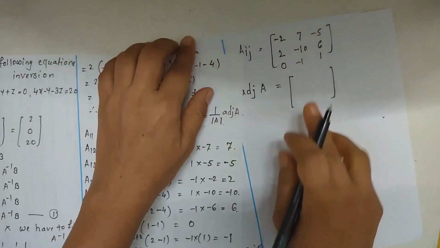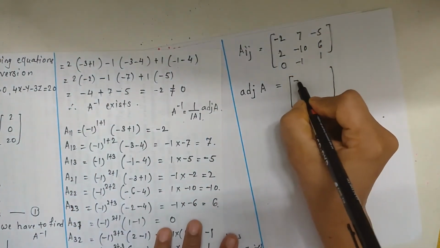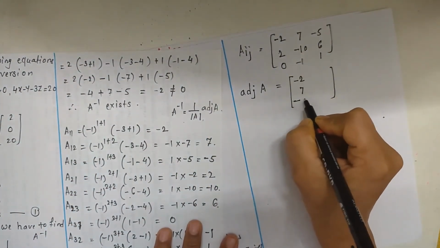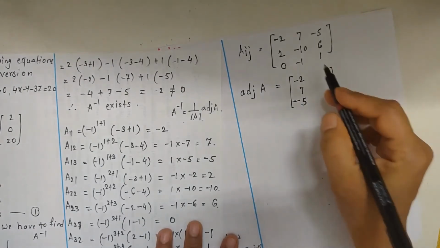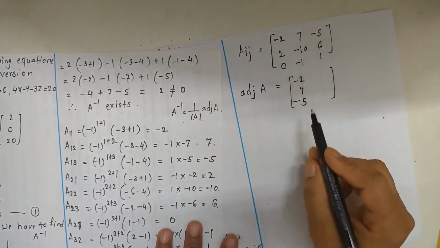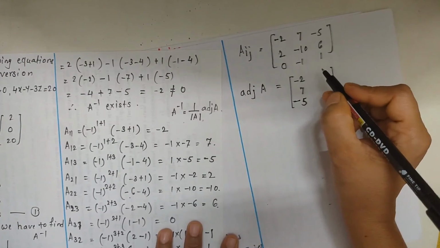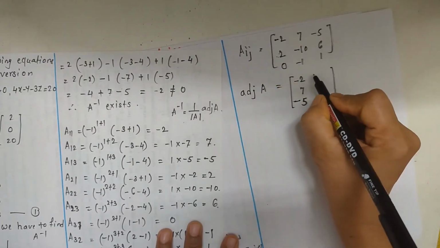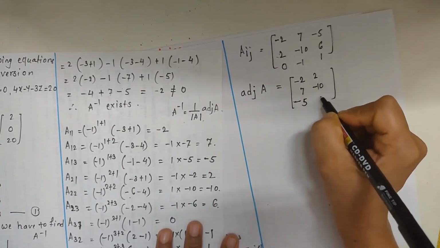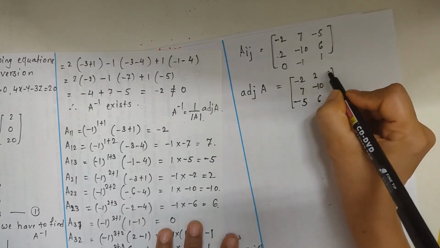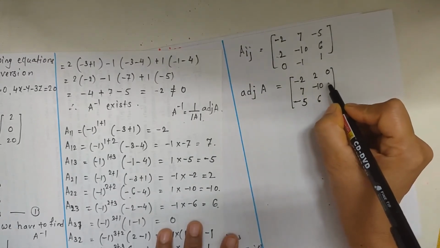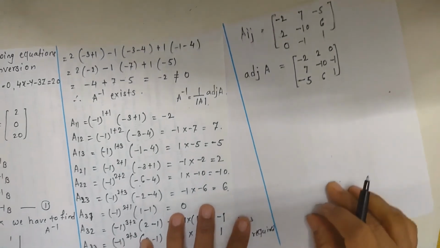So the transpose of this matrix is minus 2, 7, minus 5. Exchanging the rows and columns of this matrix, we get the adjoint A. The next row is 2, minus 10, 6, and the third row in column form is 0, minus 1, 1.